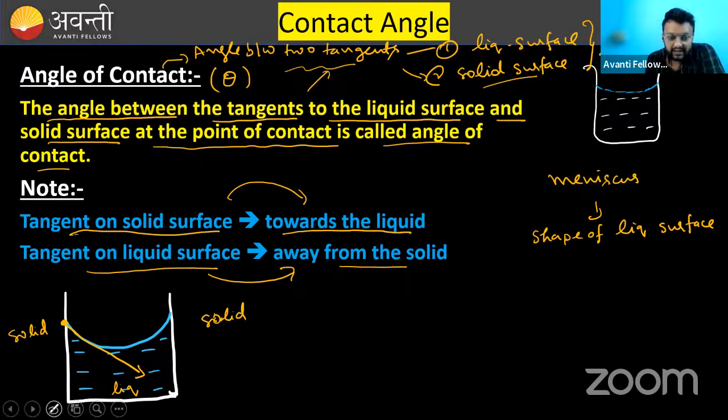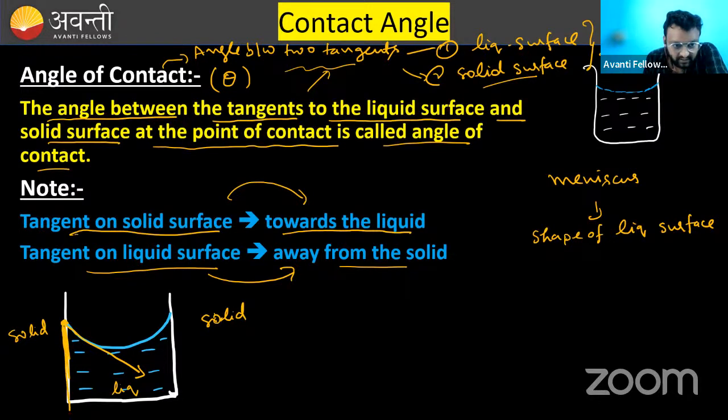Clear? Now, the second tangent I have to draw. The second tangent is on the solid surface, which is towards the liquid. If you think that this is our solid surface and you draw a tangent at this surface, the tangent will be something like that.